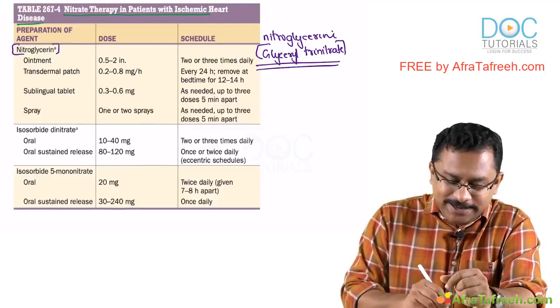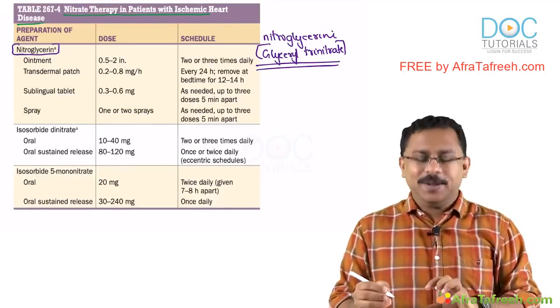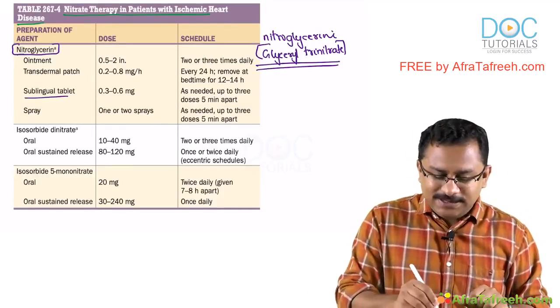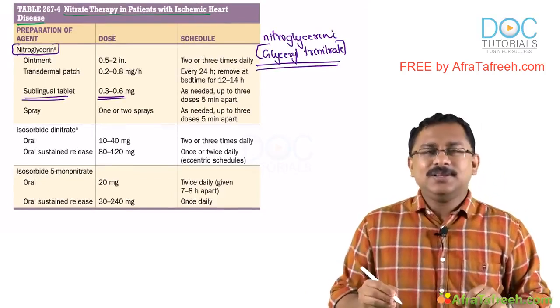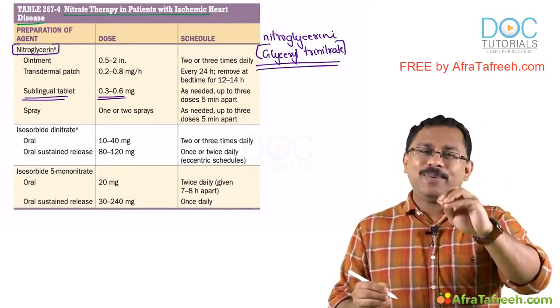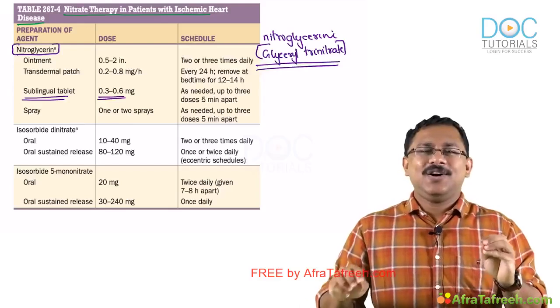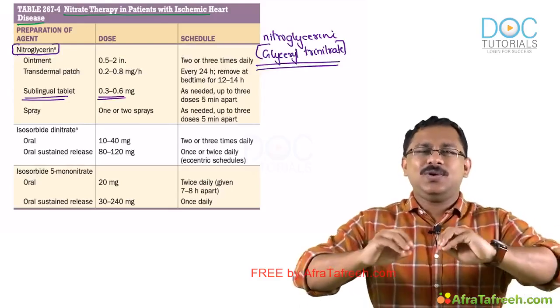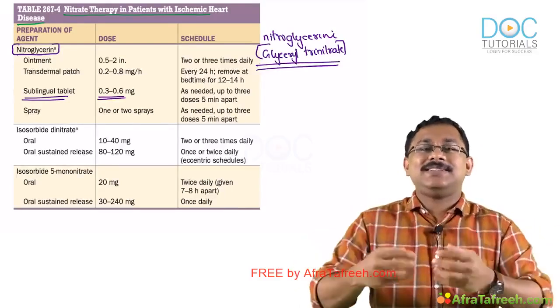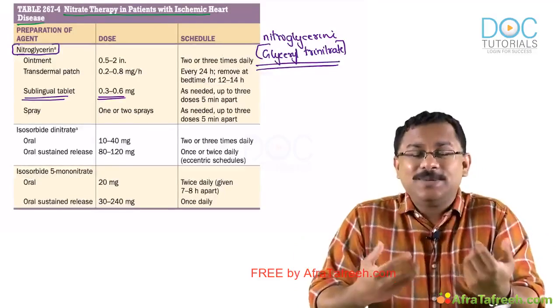If you see this table, for nitroglycerin there are different preparations available. You have sublingual tablets, used either when a patient develops a chest pain or is likely to do some activity that is most likely to precipitate the chest pain.